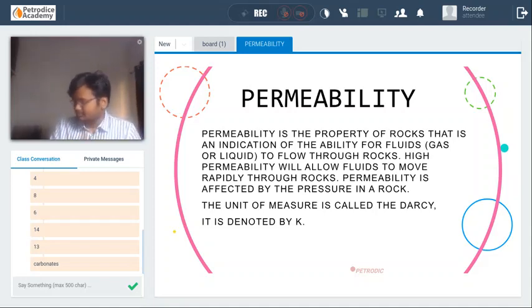So the next topic is permeability. This is somewhat difficult. Okay, this is a somewhat difficult topic when compared with porosity, and it will take almost 4 to 5 classes, guys. Permeability will take almost 4 to 5 classes.